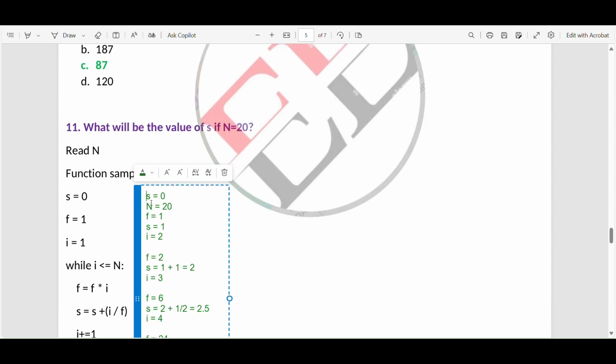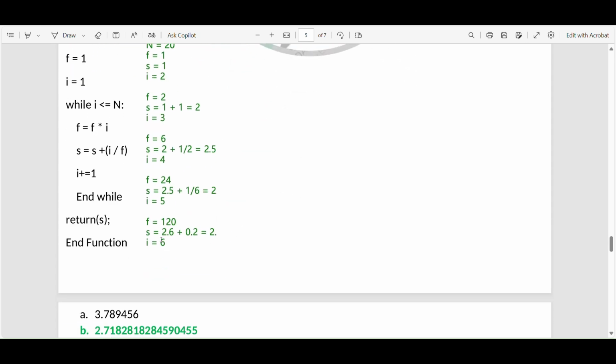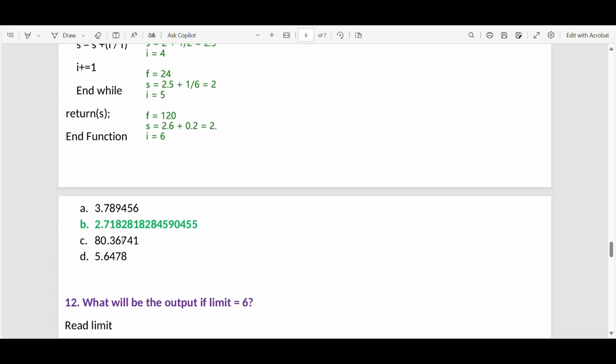Here I have just calculated up to I equals 6. So at the final step you will get some answer for the s value, that you need to return. So what is that? It is 2.71 something.